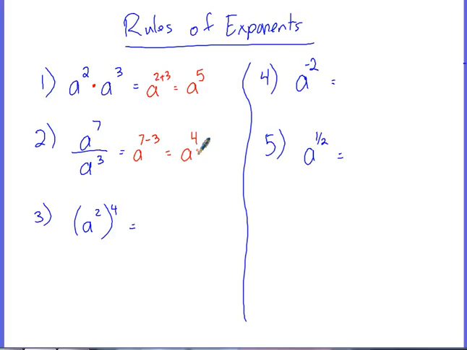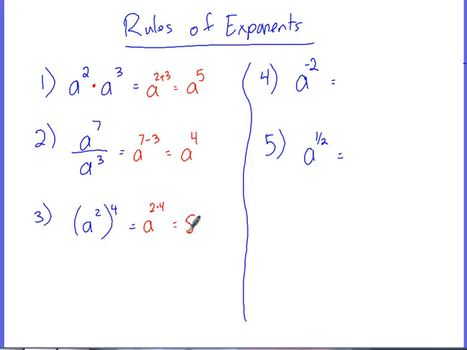Third rule. You don't see this a lot, but it happens. If I had a squared, something that already has an exponent, and then I raise it to another exponent, say the 4th power. What do you do when you have an exponent raised to another exponent? You multiply them. So this becomes a to the 2 times 4. It's kind of like distribution, right?